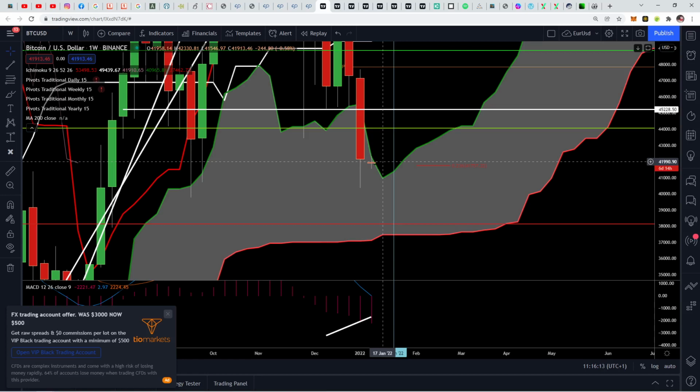So let's say we close at this level at the end of the week, below the cloud, but still above this 41,000, let's say, at the upper end of the cloud. So we will have a bullish opening next week, and then next week we will close inside the cloud again.